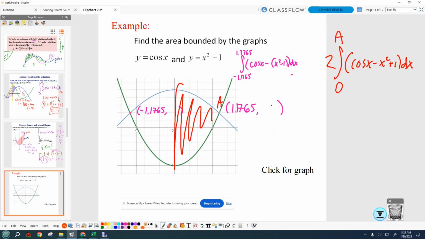When you do these by hand, I highly recommend that you do this, because if you do it the other way, you're gonna get 7 minus -7, versus if you start at the 0, you're gonna get 2 times 7, which is what you wanted. Subtracting the negative hurts you every time. So be careful of that.